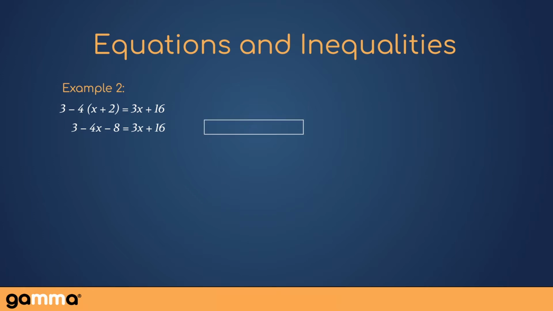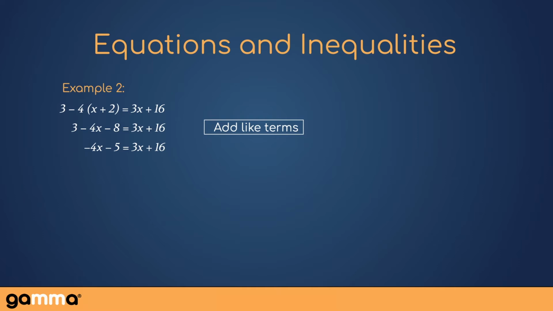From here, we need to add our like terms. Adding 3 minus 8 gives us minus 5. So we'll have minus 4x minus 5 is equal to 3x plus 16. And then from there, remember we said we need to get rid of everything else and just be left with the x.